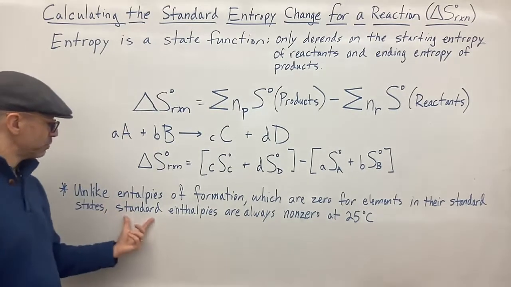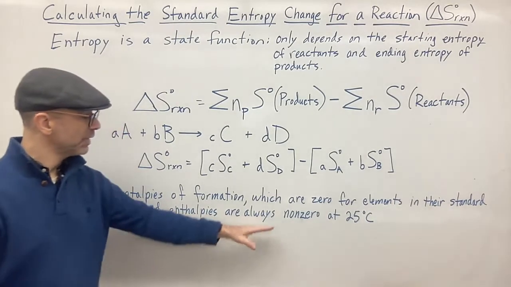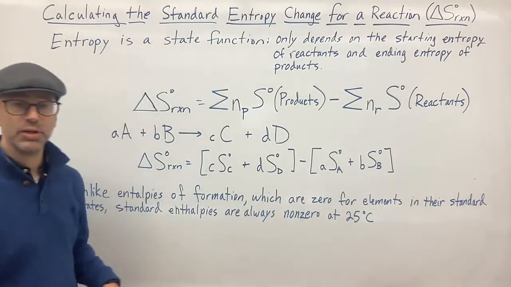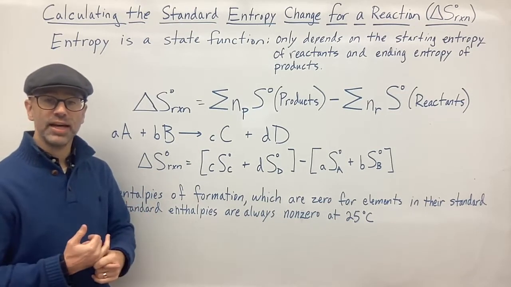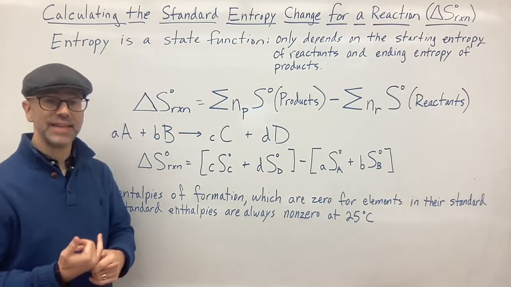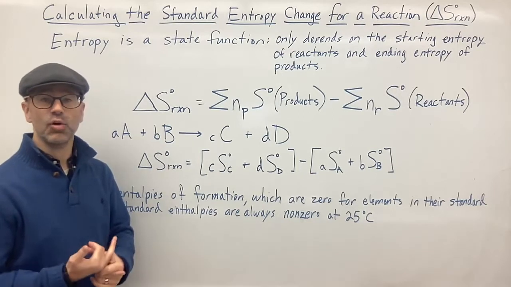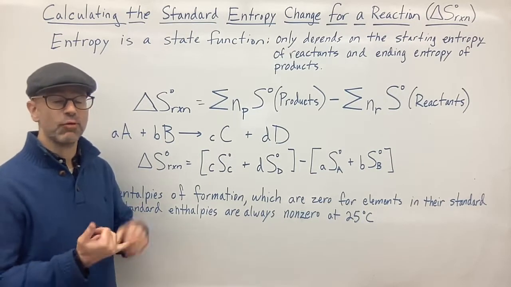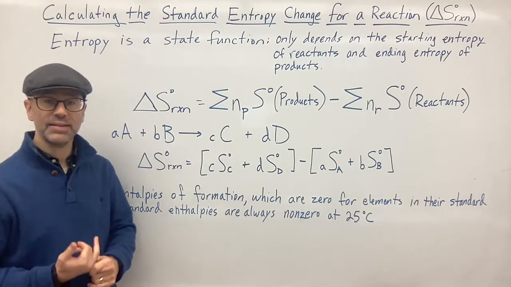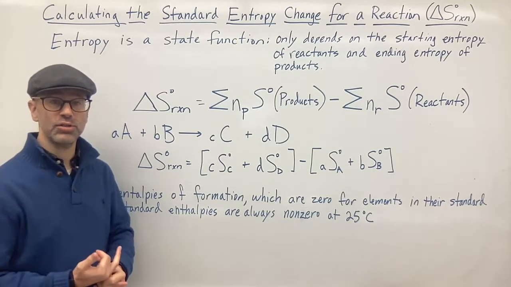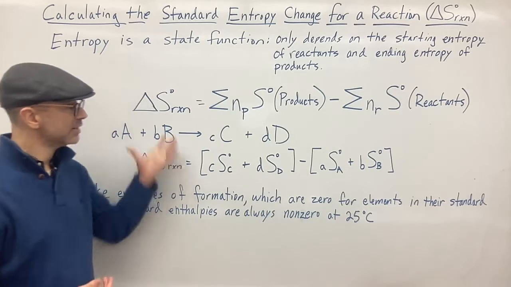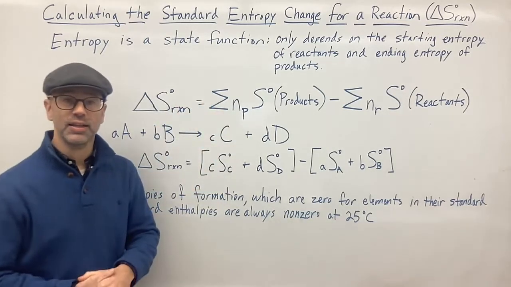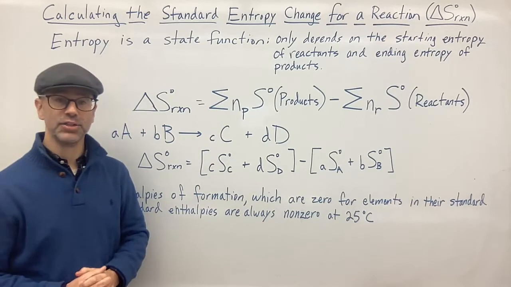Standard entropies are always going to be non-zero at 25 degrees. So again, you're going to have to look those up. The standard entropy of elements is not going to be zero. The entropies of formation will be zero, but not the standard entropies. So you've got to look those up and use those, even if it's an element. Okay, so that's how you're going to calculate the standard entropy change of a reaction.